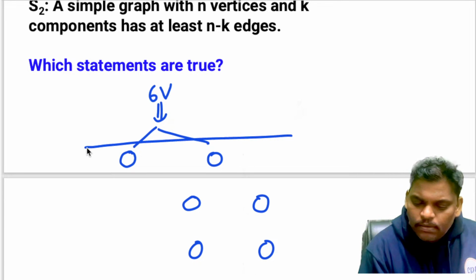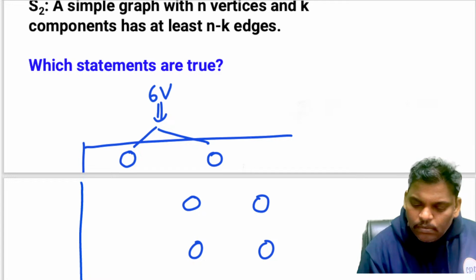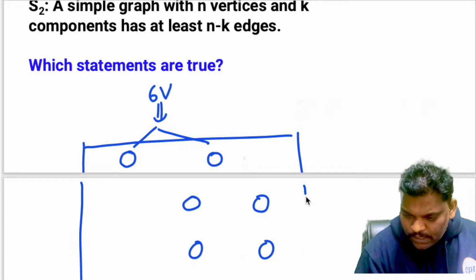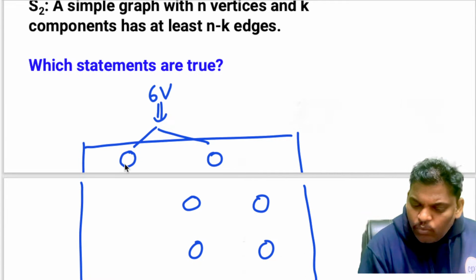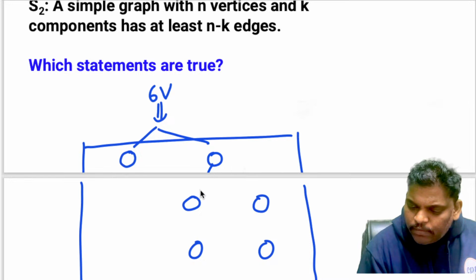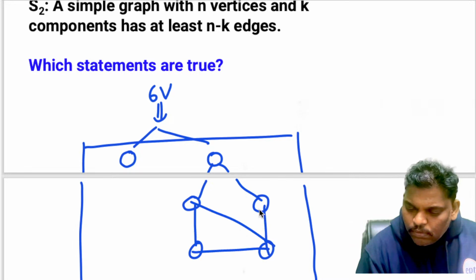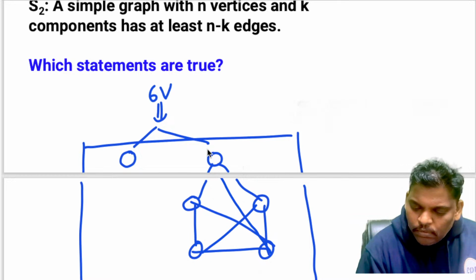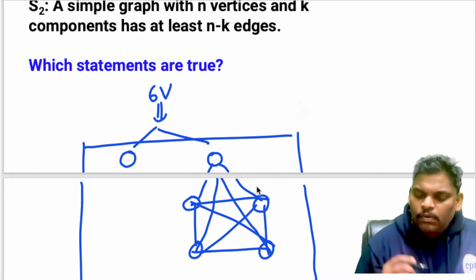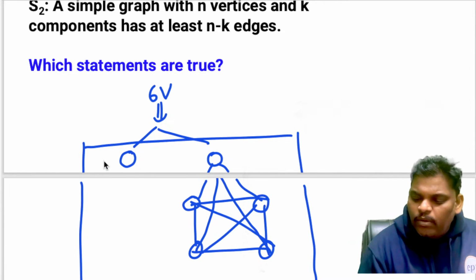Can you see this? Totally 6 vertices, one vertex this side, 5 vertices this side.